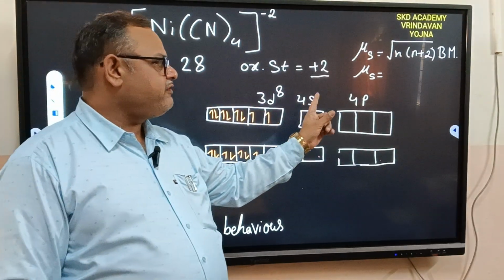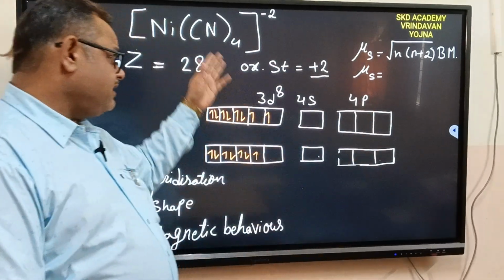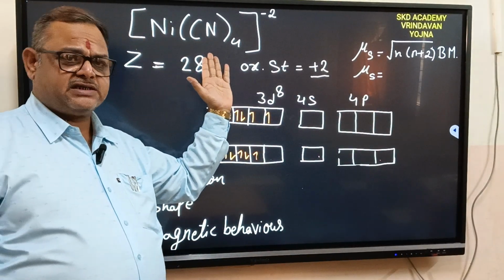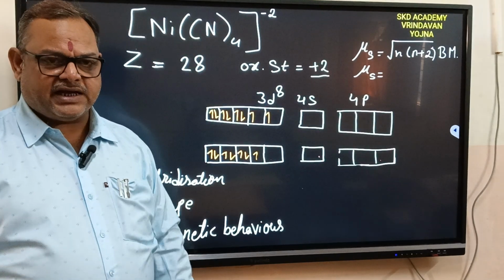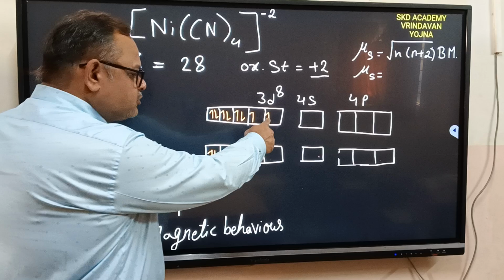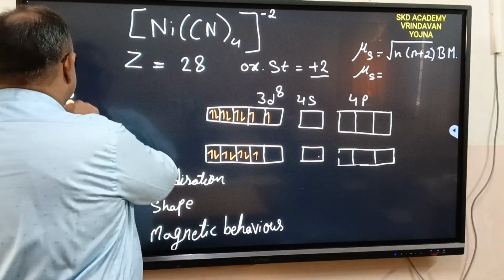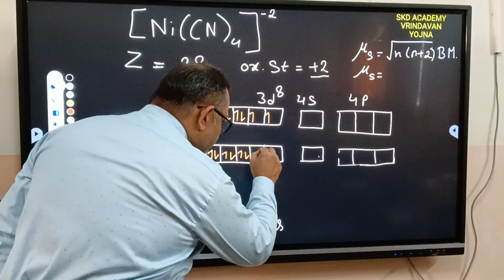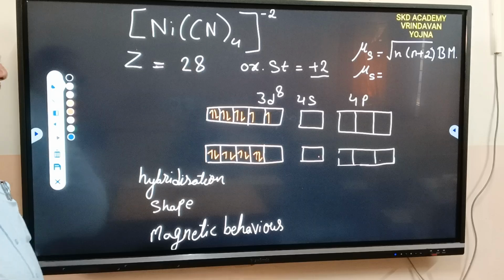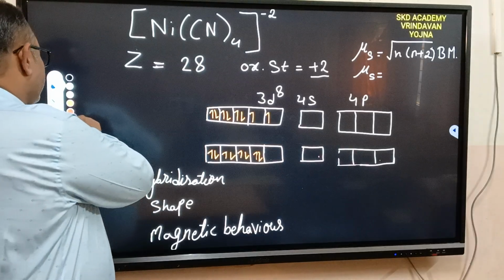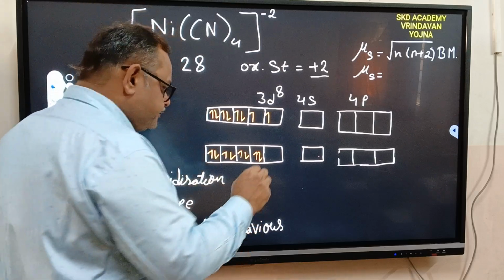Although we have 4 orbitals available here and the coordination number of the complex is again 4, cyanide being a stronger ligand will force these electrons to pair up, and we will be having paired electrons in this orbital. Now we will count 4 orbitals to accommodate the electrons of cyanide.